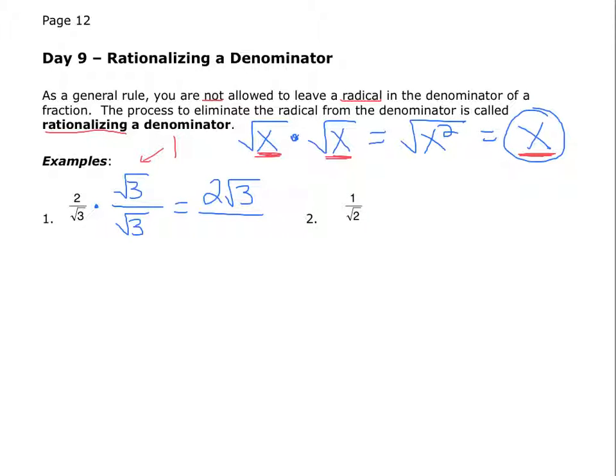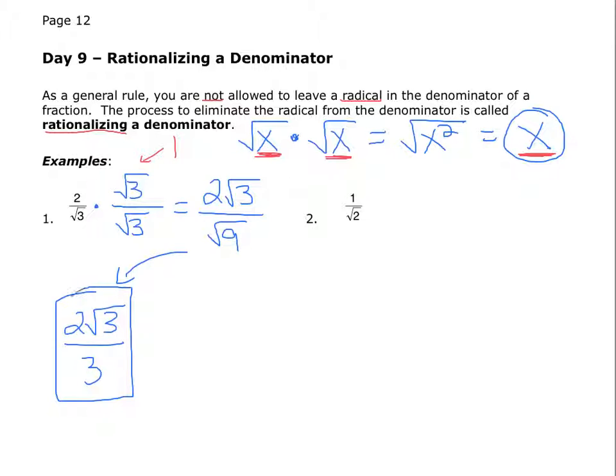The denominator is radical 3 times radical 3, or radical 9. If we clean this problem up, the 2 radical 3 will not simplify any further. However, the denominator, we can take the square root of the 9, and it becomes a normal 3. Therefore, the rationalized fraction is 2 radical 3 all over 3.